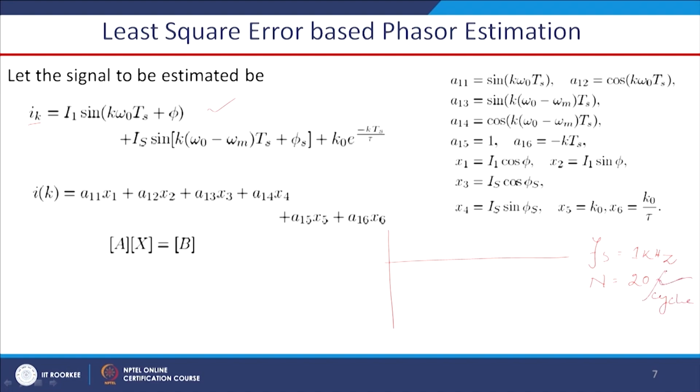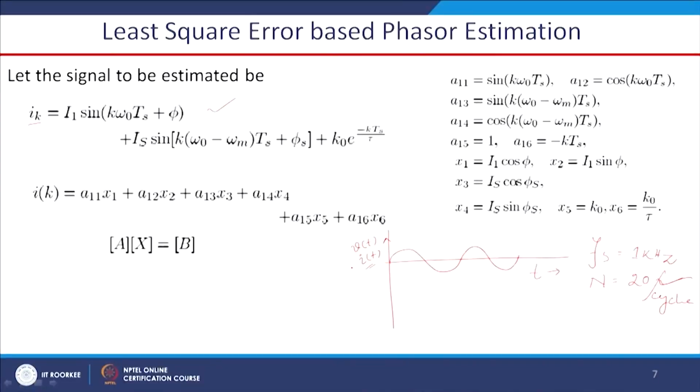Now, what if I have some analog signal in time domain, and this small vt, or small it, whatever you can designate is possible, no problem. We can take the current signal, also we can take the voltage signal. So, here I have taken the current signal. So, let us concentrate on the current signal. This particular signal can be sampled to the discrete domain. The discrete domain means this t is equal to k into Ts.